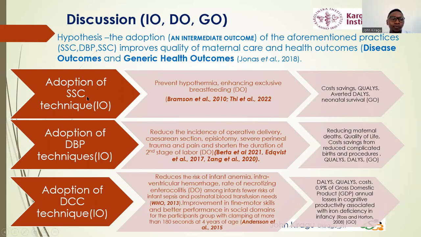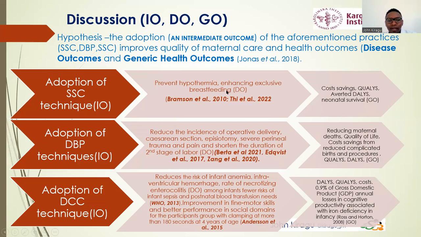So while the outcomes realized in this study were intermediate outcomes, literature has linked these intermediate outcomes to actual disease outcomes and clinical outcomes, which are very important for the overall maternal health.